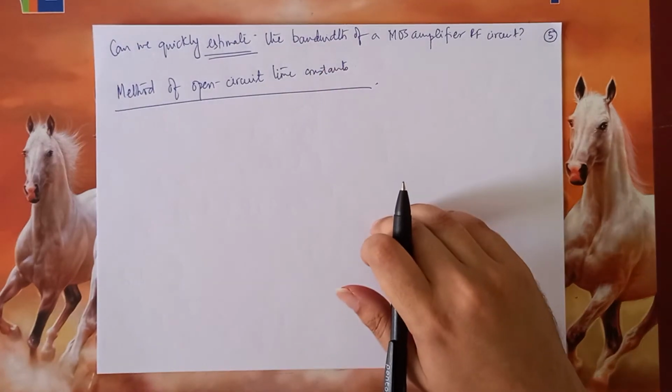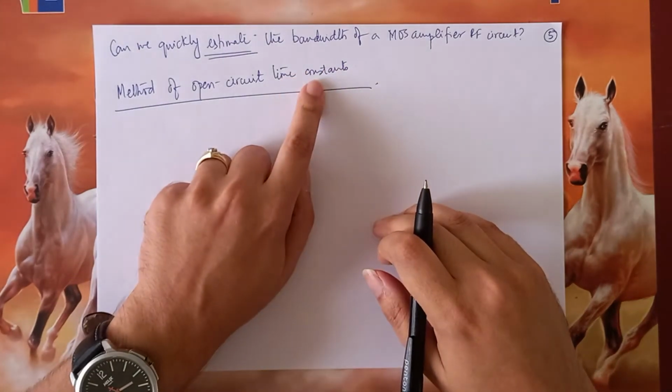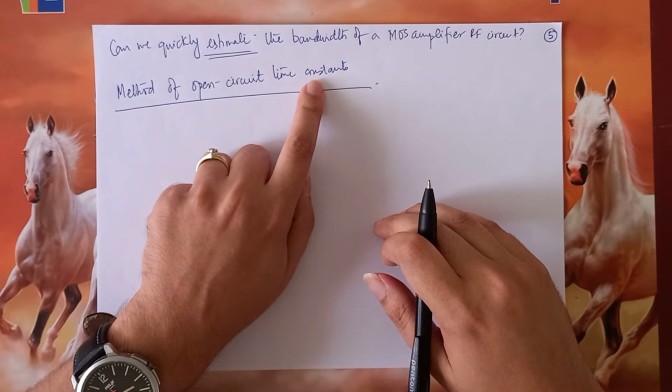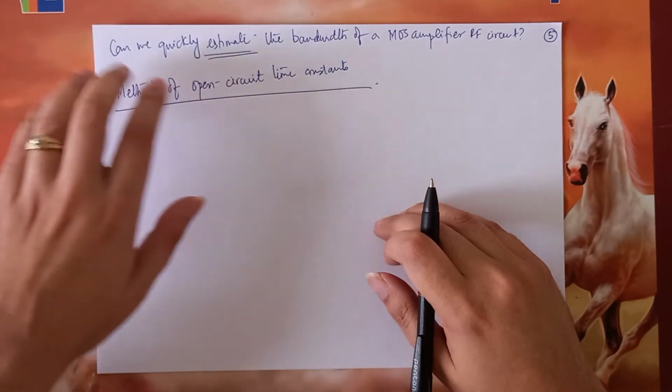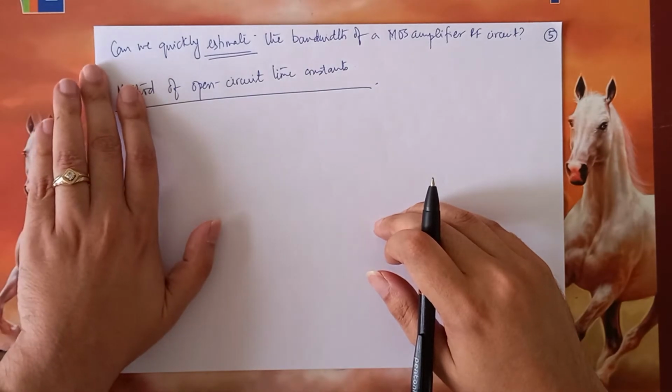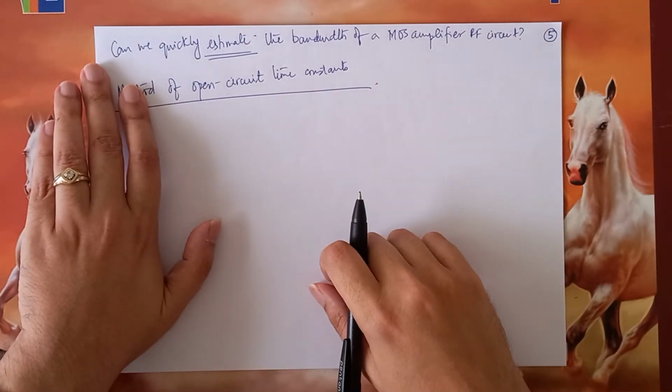But time constant, as you know, refers to the product of R and C in general, or if you recall your knowledge of transfer functions, the H of S, the time constants are an important part of that.